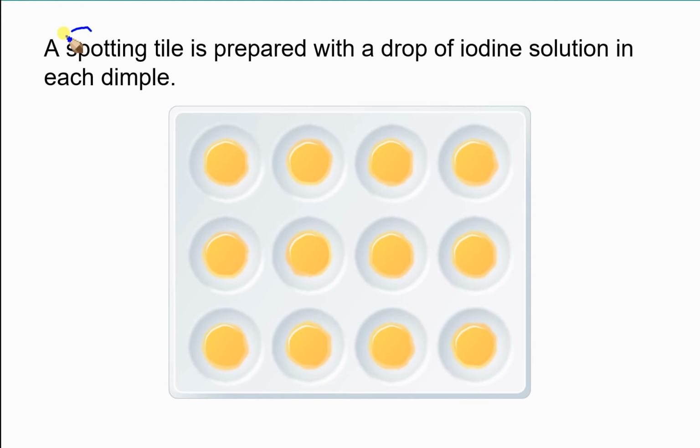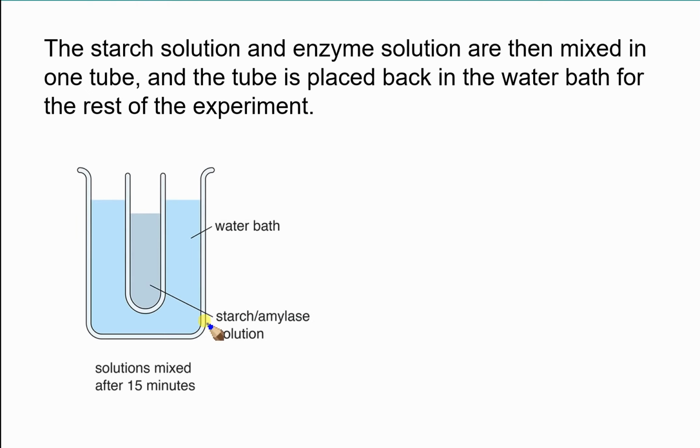So let's start with this one. A spotting tile is prepared with a drop of iodine solution in each dimple, a drop of iodine of the same concentration in each dimple. So what is happening? The starch solution and enzyme solution are then mixed in one tube, and the tube is placed back in the water bath for the rest of the experiment.